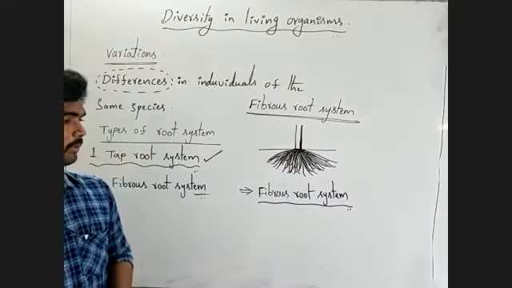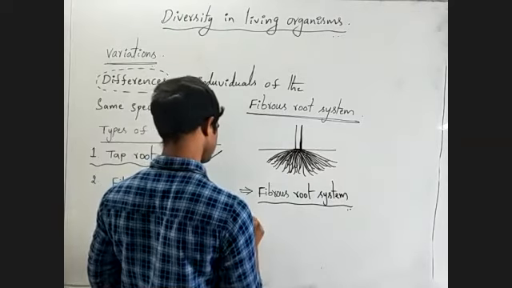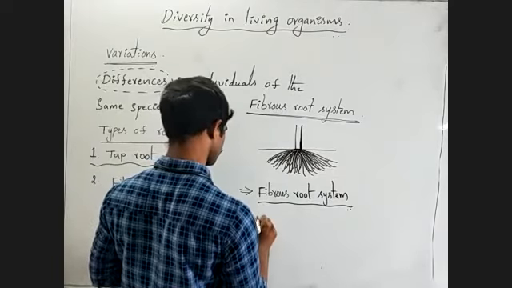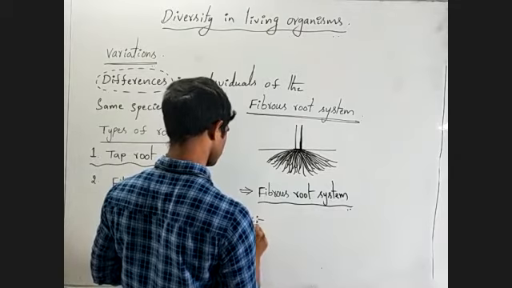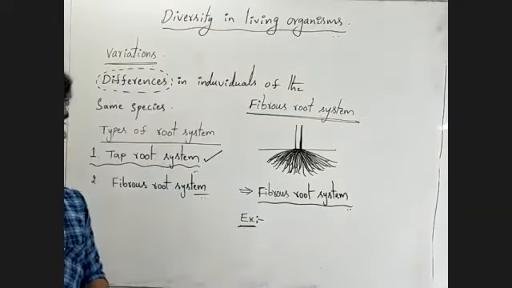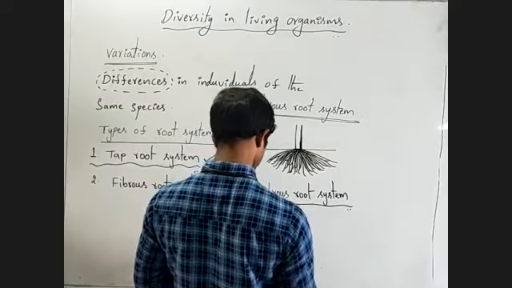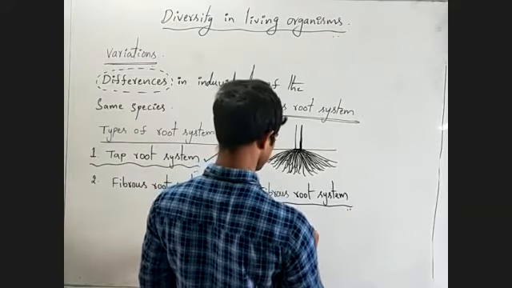What are the examples for fibrous root system? Examples are all monocots.